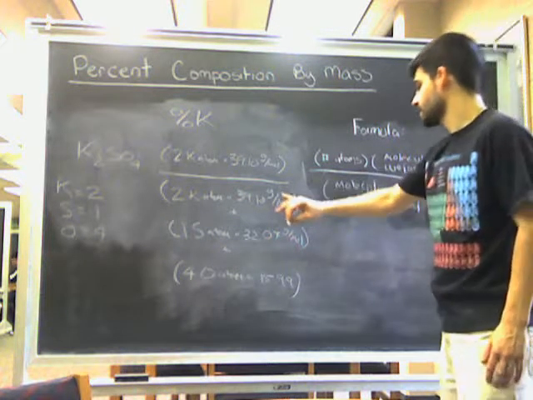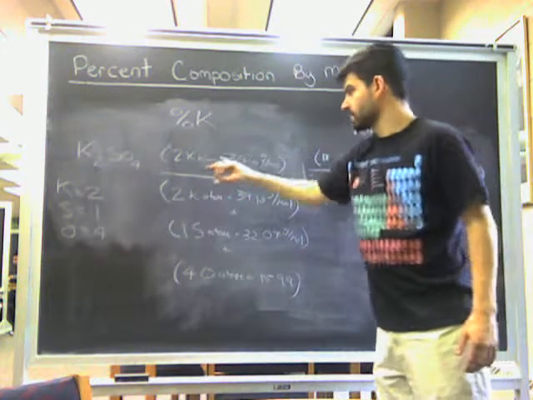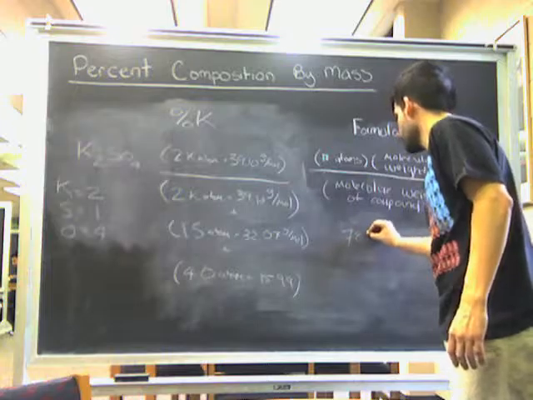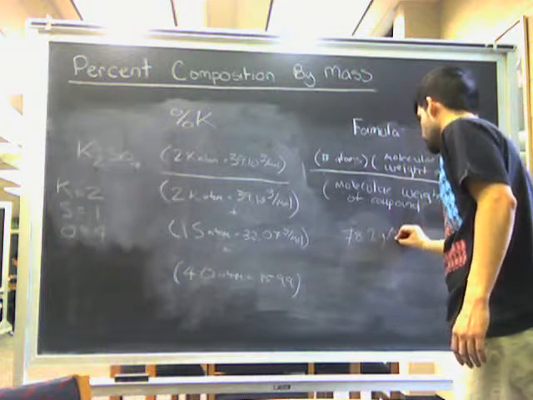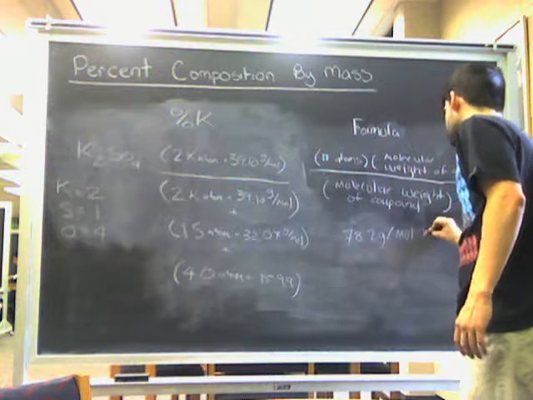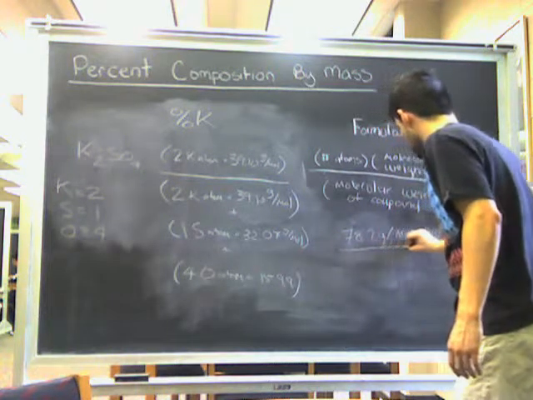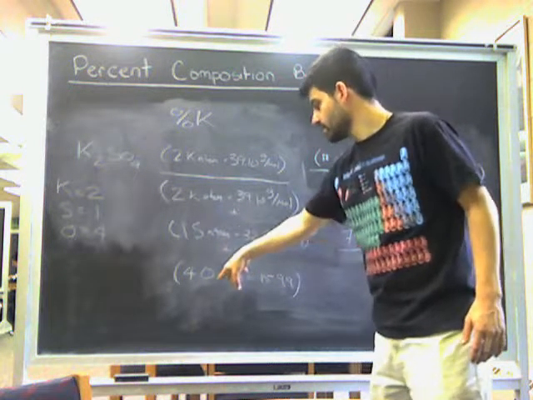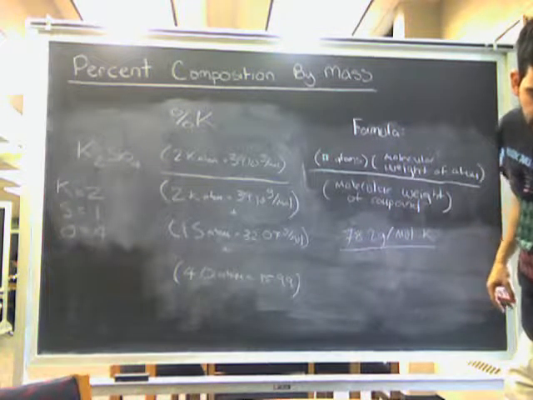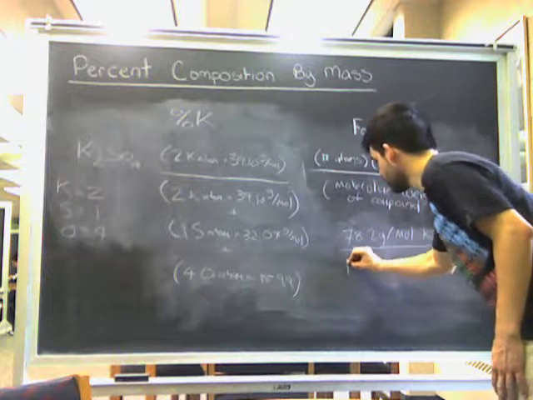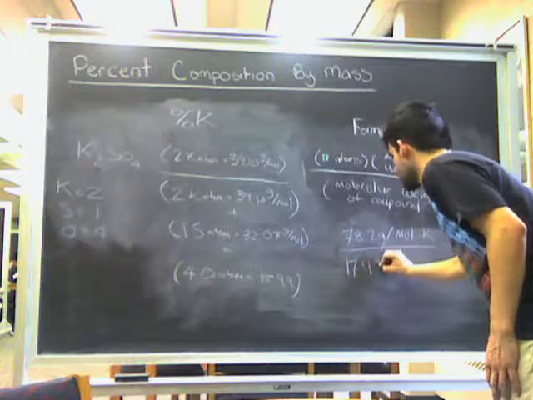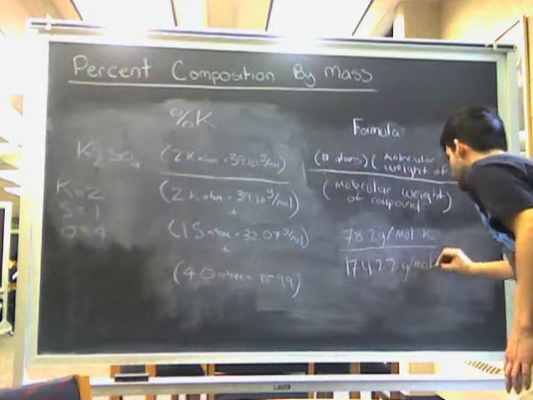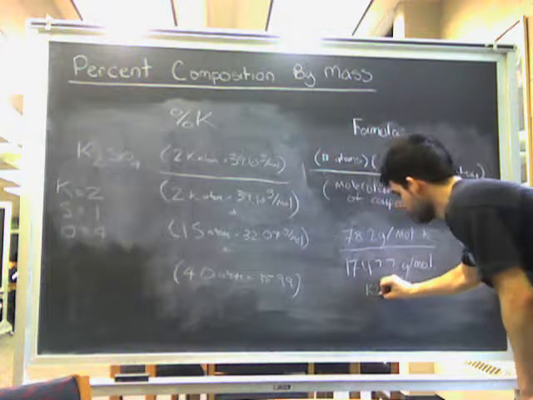Okay, so next, after multiplying everything through, we're going to get 2 times 39.1, which is 78.2 grams per mole potassium, over the summation of all of these, which is 174.22 grams per mole of potassium sulfate.